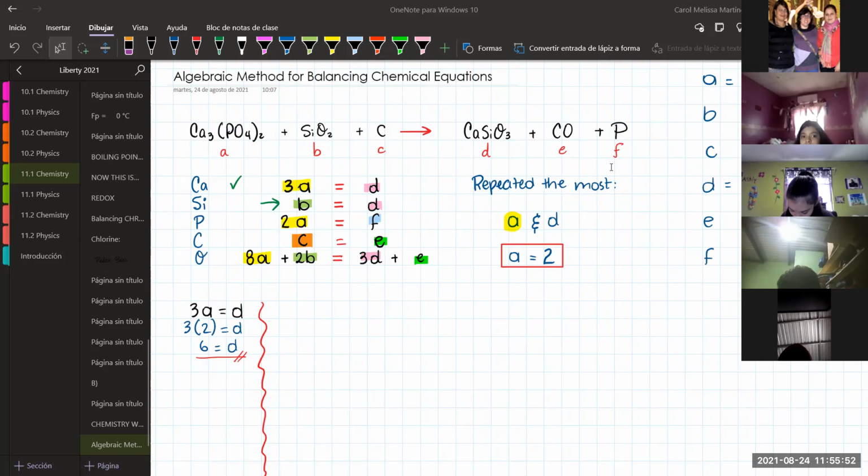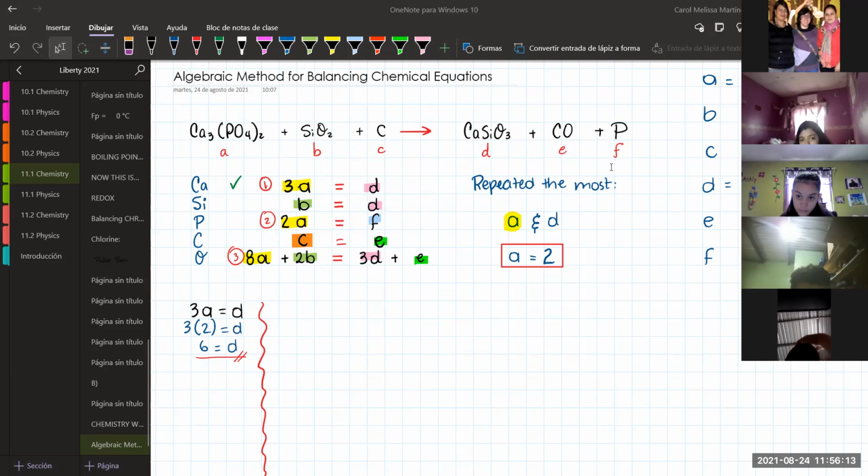Now I totally recommend to follow this. This is my first equation, second equation, and third equation. Because remember, we gave a value to A, so we're going to work only with those equations that have A in the first place.